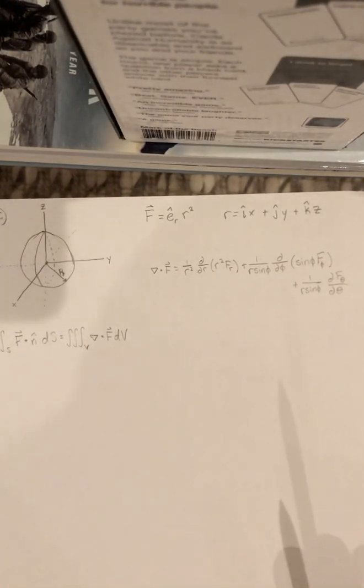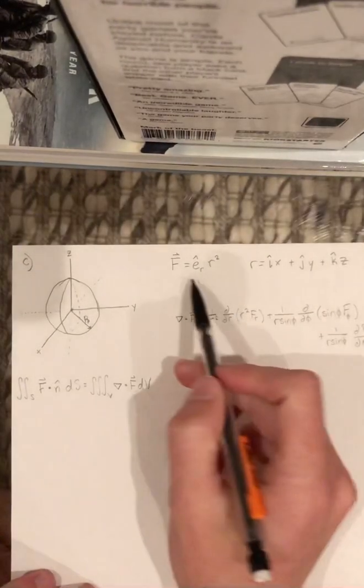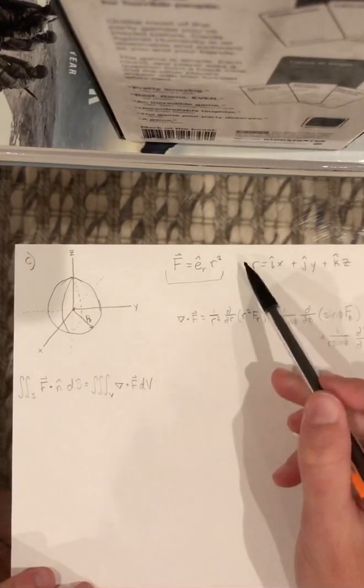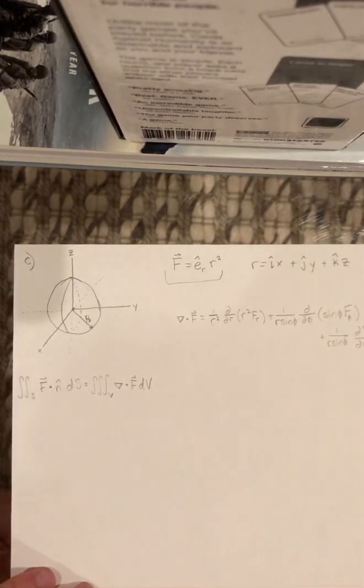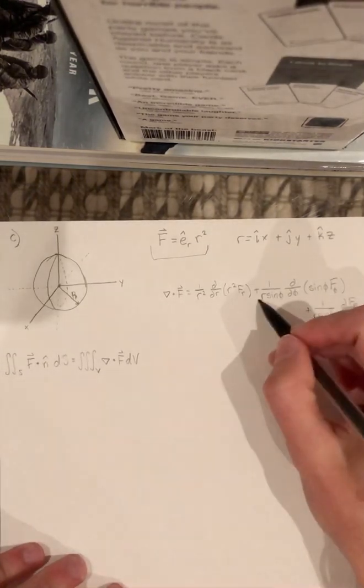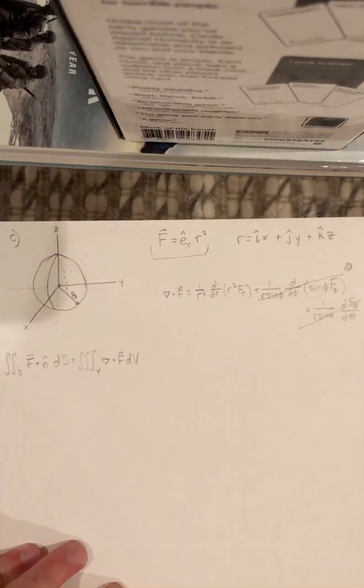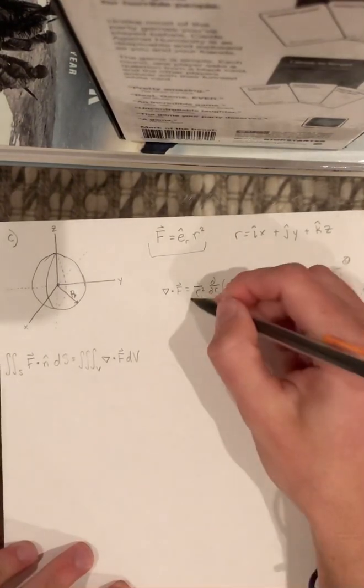Luckily, we can just look at this function right here, and you might notice that there's no theta and there's no phi. So this is going to be 0, and this is going to be 0. So we're only looking at this.